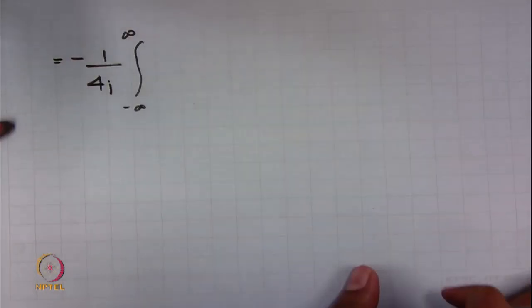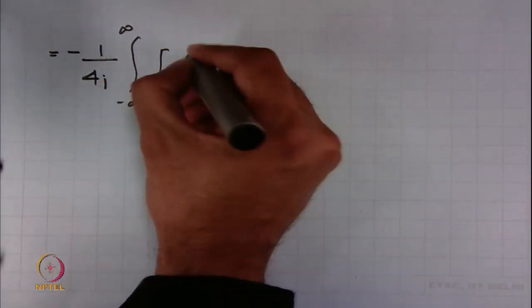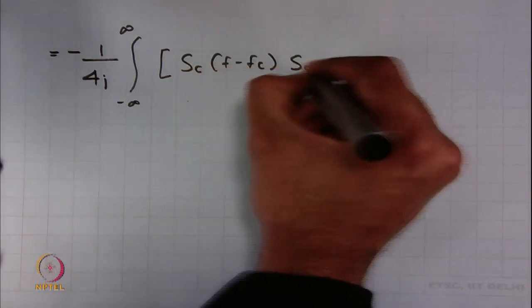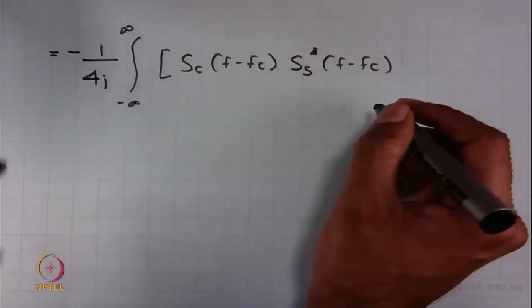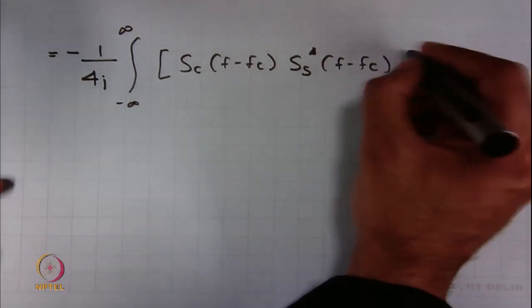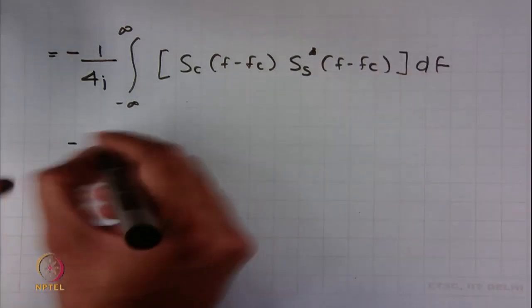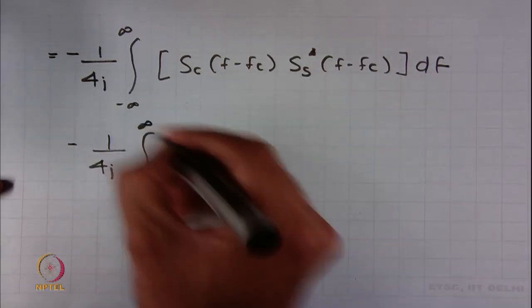What you would end up with is, let us try to see, yeah. First part you would have S_C(f) minus F_C times S_S(f) minus F_C conjugate, let me write it as 2 integration minus 1 by 4j from minus infinity to infinity.